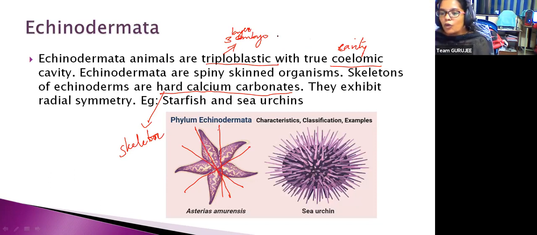Echinodermata are triploblastic, so they have three layers of embryo. Also, the important character in Echinodermata is that they have hard calcium carbonate. Their skeletons will be very hard because of the presence of calcium carbonate. Example, starfish.